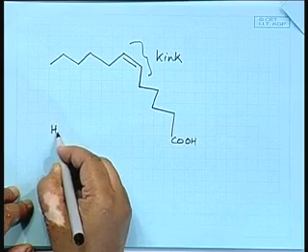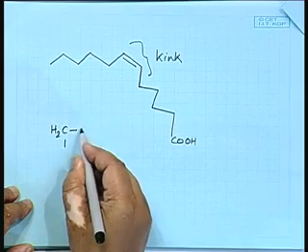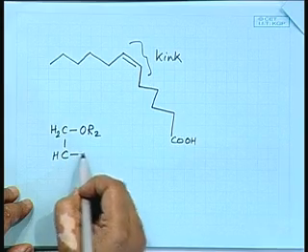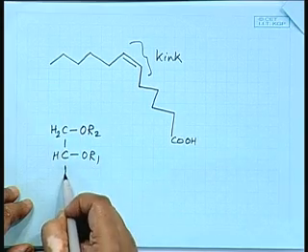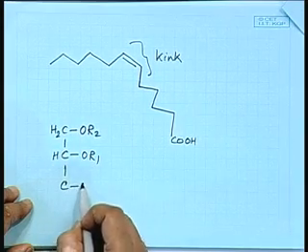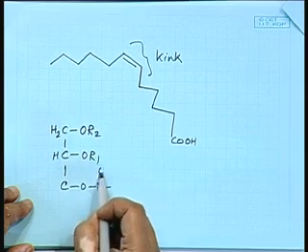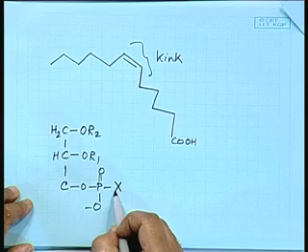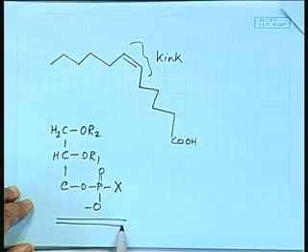and I am going to have therefore, in my glycerophospholipid, what do I have? I have an R2 here, I have an R1 here, and what do I have here? I have my phosphate and I have linked to this an X. So, this is my polar part.